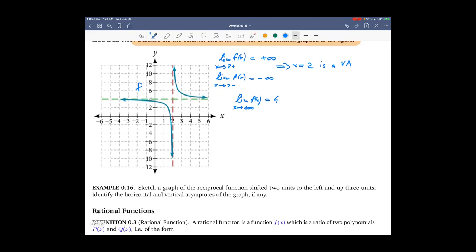And actually, it also approaches that line at negative infinity. It doesn't matter if it approaches that line from above or from below. As long as we have that limit, it so appears, we conclude that y equals 4 is a horizontal asymptote, HA.